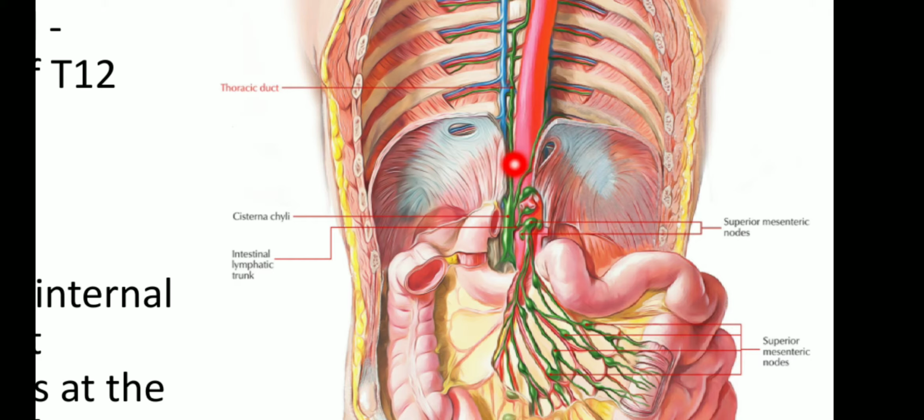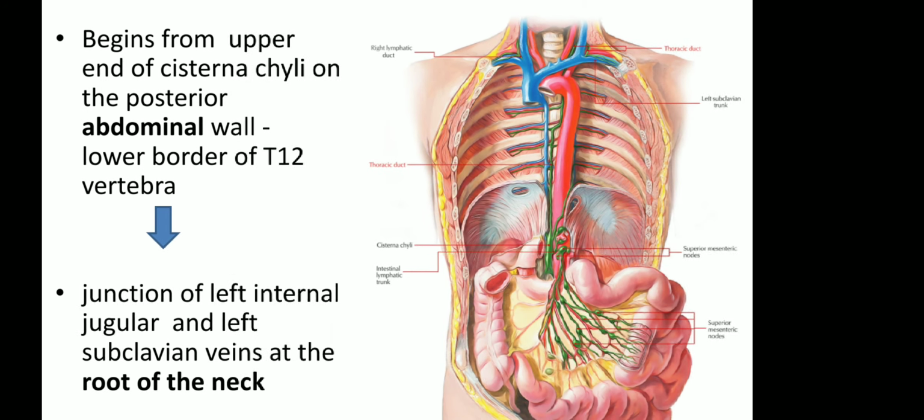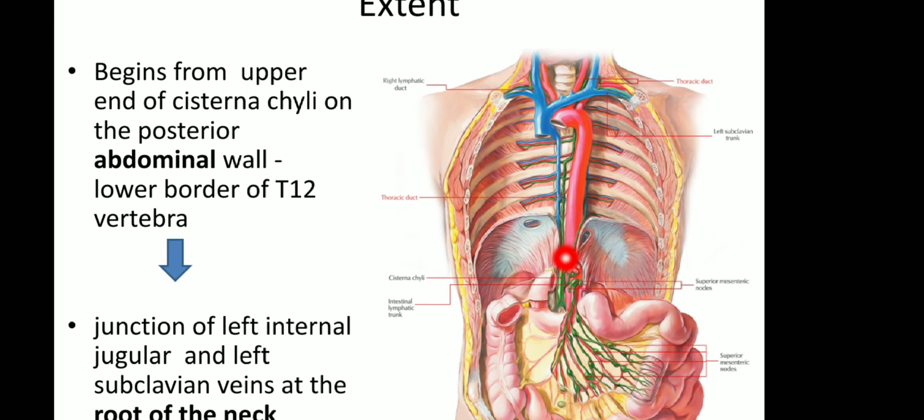Then through the aortic opening, an opening in the diaphragm, the thoracic duct enters from the abdomen into the thorax. It extends till the root of the neck, and in the root of the neck it drains at the left venous angle, the angle at the junction of the left jugular and the left subclavian vein. This is the extent of the thoracic duct.